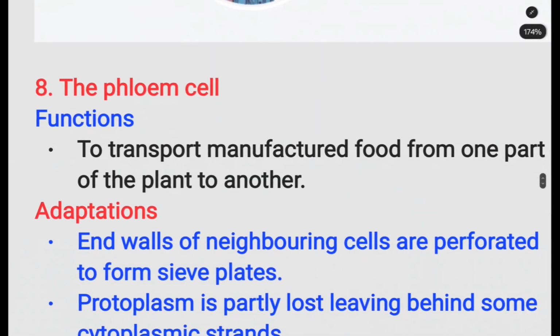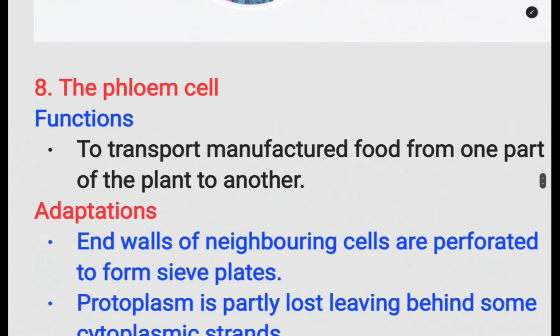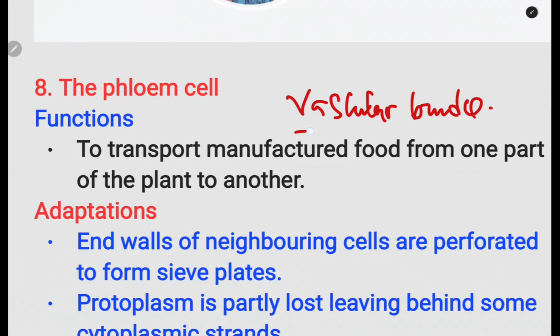Okay, so the phloem. You cannot talk of the xylem without mentioning the phloem, because xylem and phloem make up what we call the vascular bundle. I forgot to mention where the xylem is found.